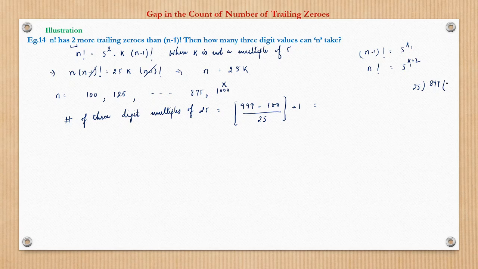This we can divide. So it becomes 36 decimal something.